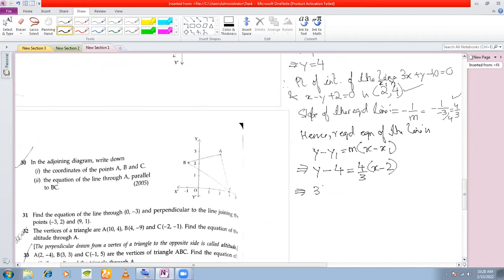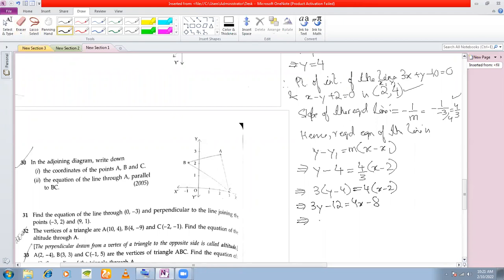Cross multiply, you get 3 times y minus 4 is equal to 4 times x minus 2. Write this in the general form now. So now you get 3y minus 12 is equal to 4x minus 8.